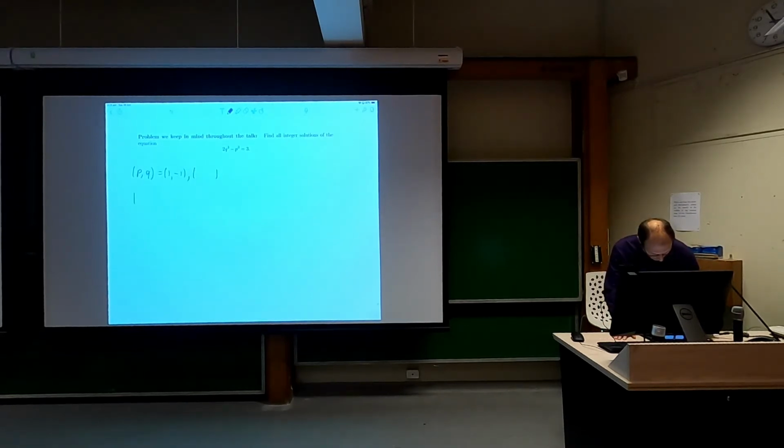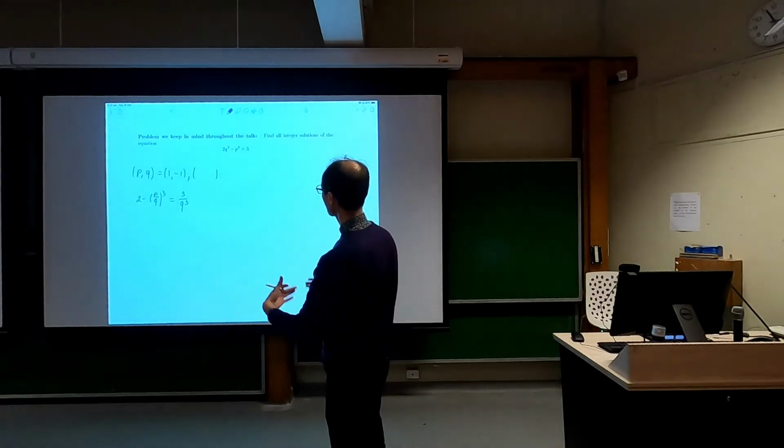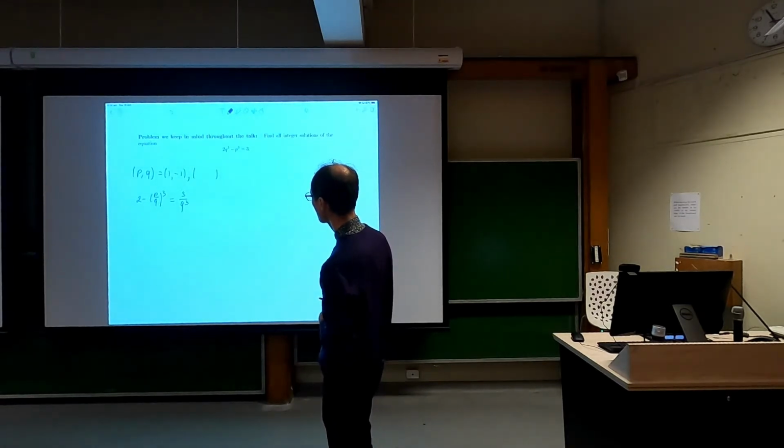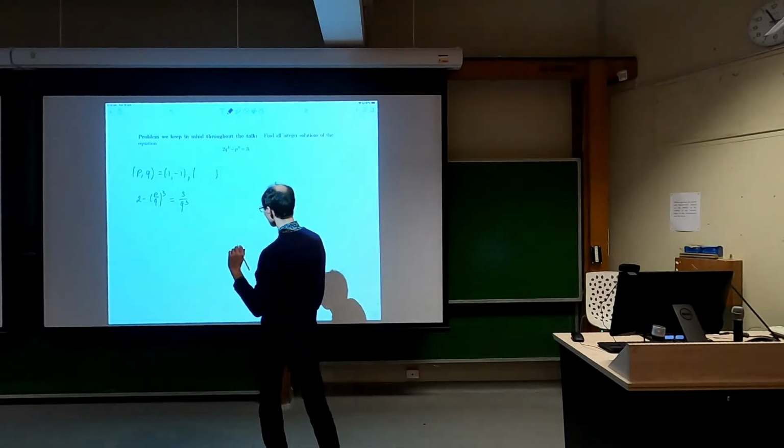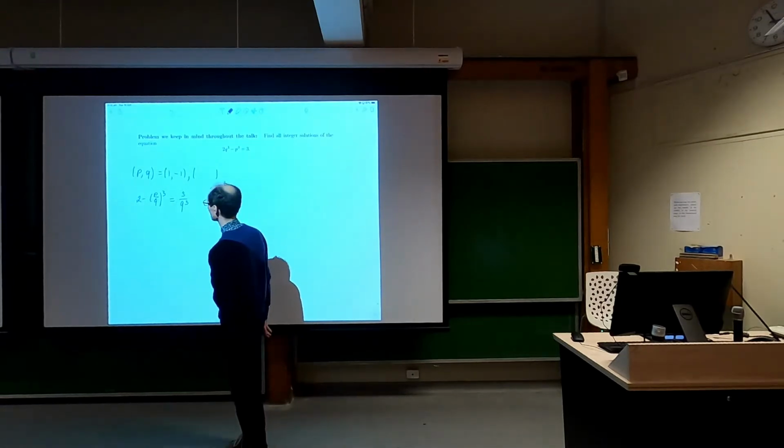And then we get something like 2 minus p over q cubed equals 3 over q cubed, right? Well, for the moment, it doesn't seem nice. We had something in integers, now we have something in rationals, so it doesn't look very nice, but in fact, that's the way equations of this type are approached.